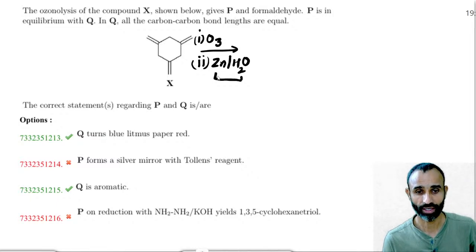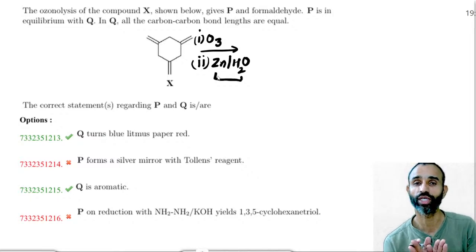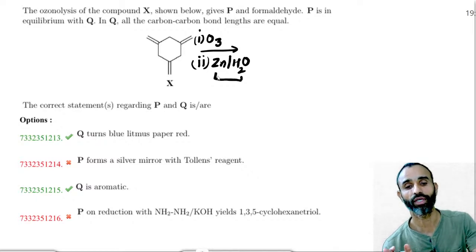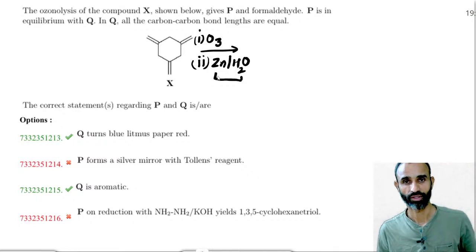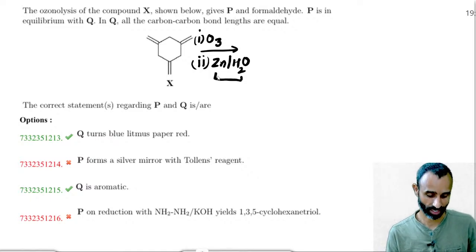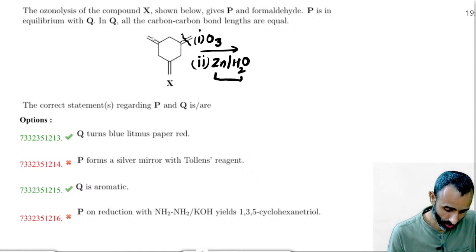But here, if it is written only as ozonolysis, by default we consider it reductive ozonolysis, with zinc and H2O, that is in NCERT. So it will attack the double bond.